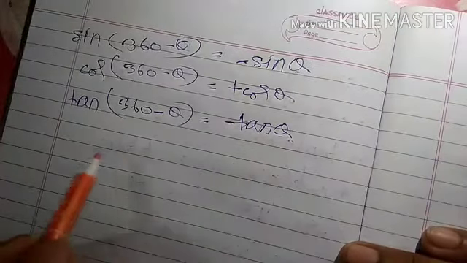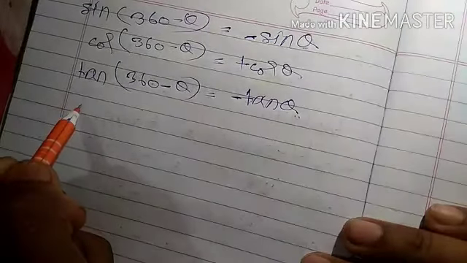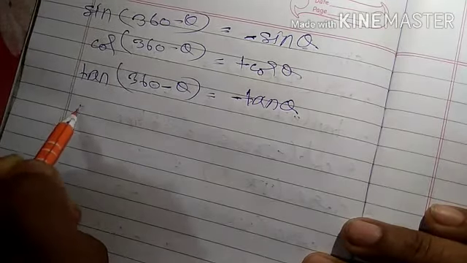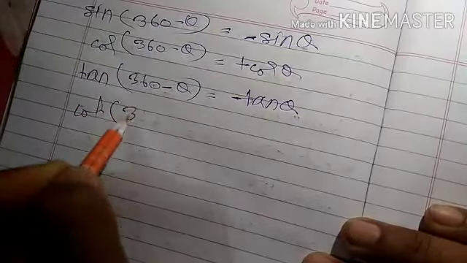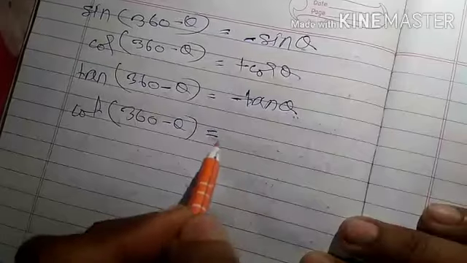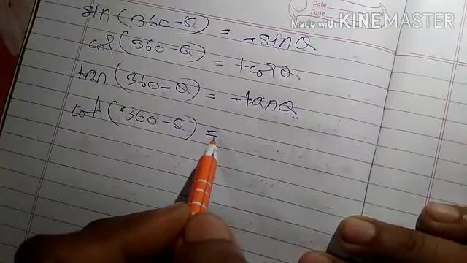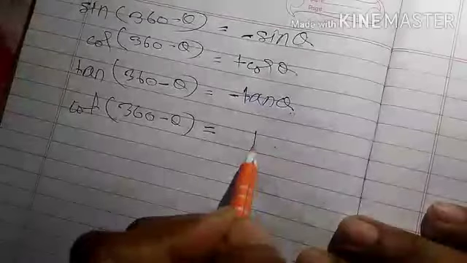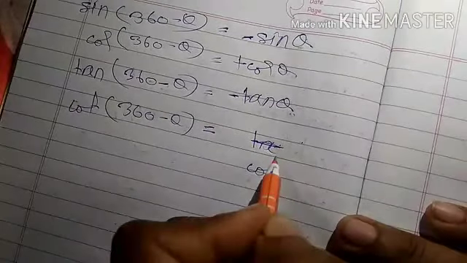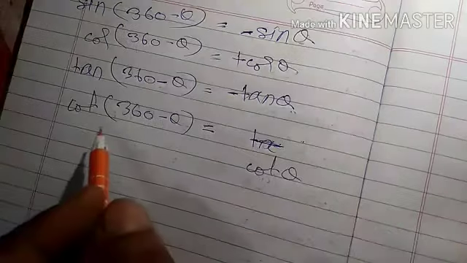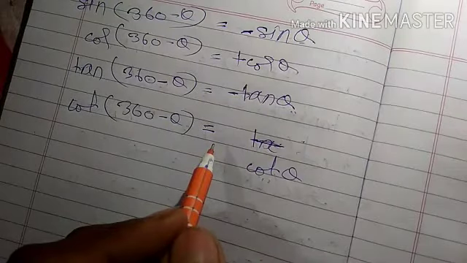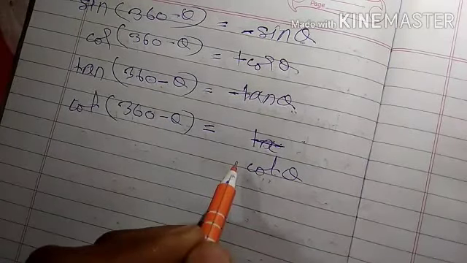Next, cot 360 minus theta. Functions change is not allowed, so cot theta. In the fourth quadrant only cos theta and sec theta are positive and the four other functions are negative, so cot theta is negative.